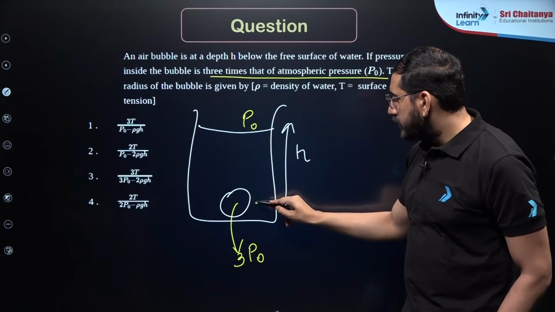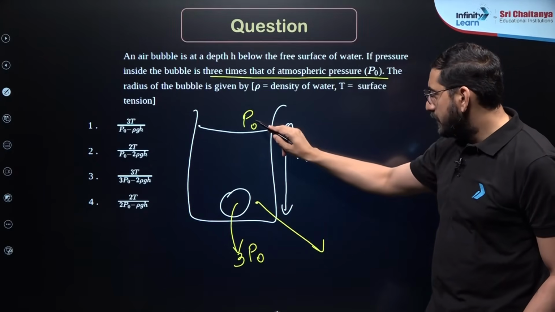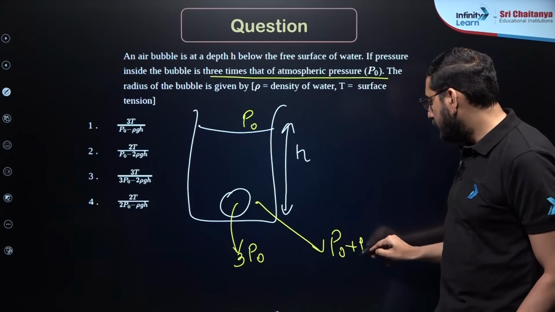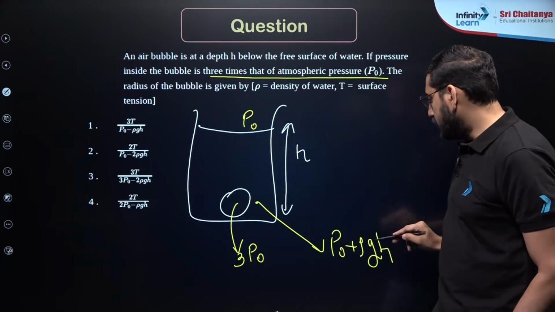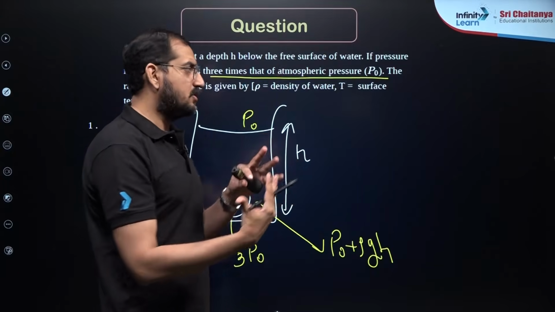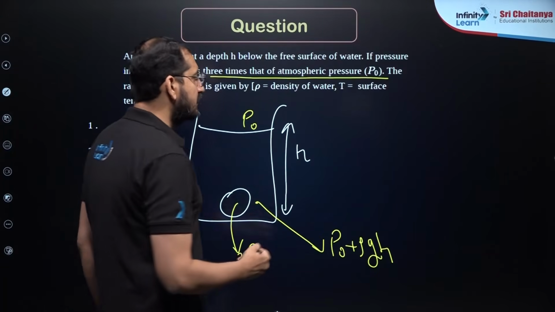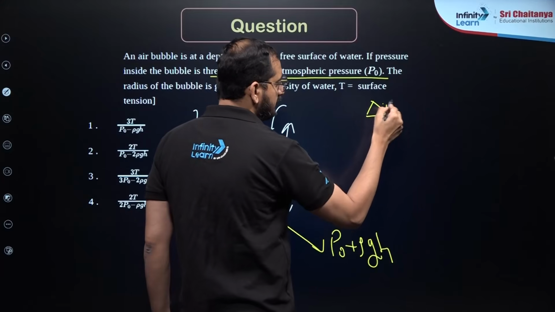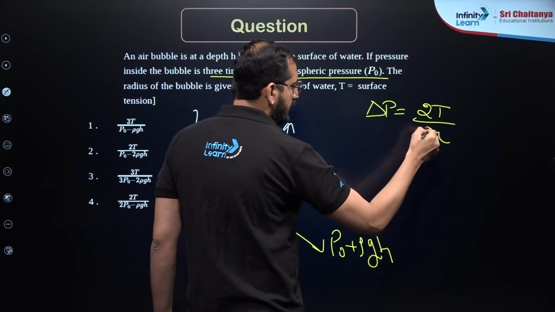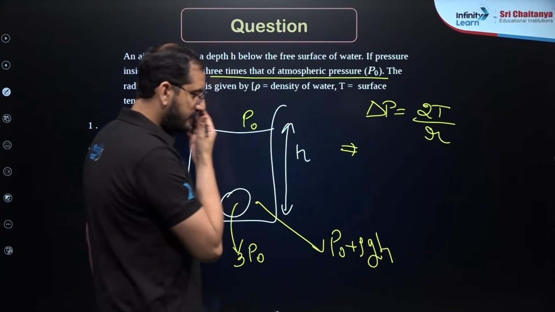Can I say that outside the bubble, it will be P naught plus rho GH, right? And because of this air bubble, due to curvature, the surface tension effect will come. So we know that excess pressure is going to be equal to 2T by R, where R is the radius of the bubble. What is delta P?